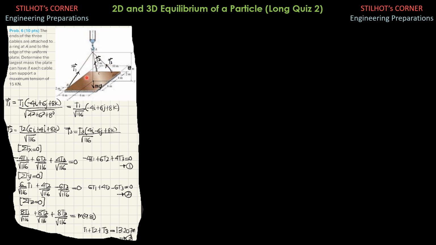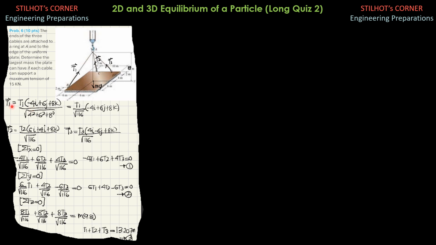Knowing the cable that is most stressed, we then set the value of the tension there to be 15 kilonewtons, which is 15,000 newtons, to be consistent with mg, because mass times g, kilogram times 9.81 meters per second squared, is newtons.